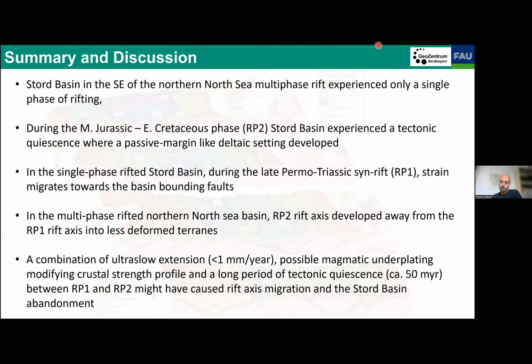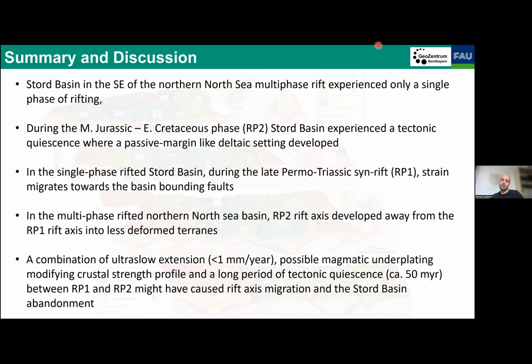But at the same time, the velocity of extension and the magmatic underplating might be the same also in the South Viking graben, as you mentioned. But the point is that we don't know if the velocity of rifting is the same across the rift.